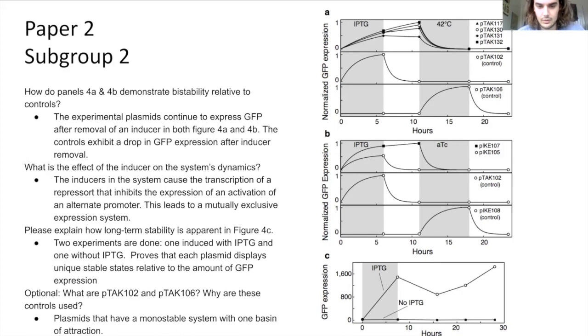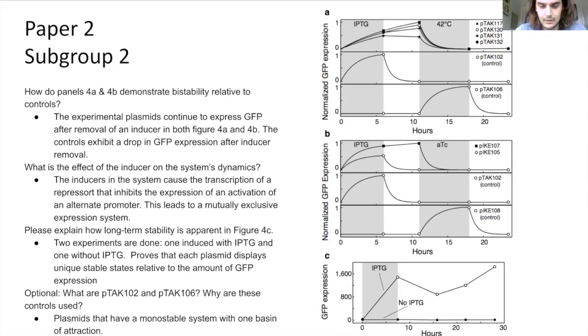When induction to the low state occurs, either through temperature or ATC as explained above, the second repressor is expressed, which in turn acts on the first promoter and shuts off its expression of GFP. This is basically the reverse of what happens in the IPTG-induced situation.